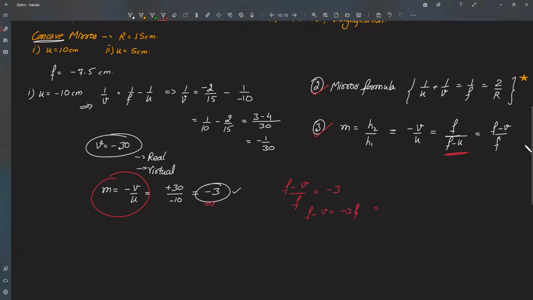F is -15/2. So -15/2 minus V is equal to 45 divided by 2. So V is equal to -60 divided by 2, which is -30.